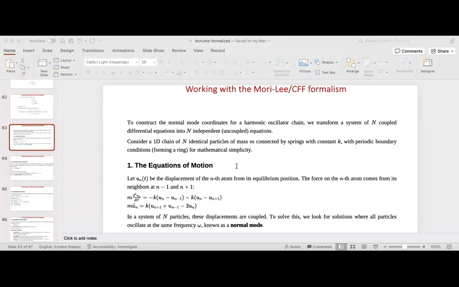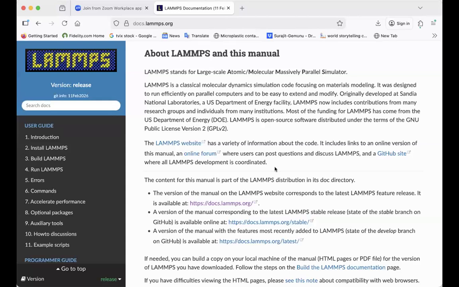Right now, they have their own website. Like here, I'll quickly share it with you. Let me share this screen. This is the screen. So this is the way to do it. You can go to this website. It's now called docs.lammps.org. It is a website from Sandia National Labs.